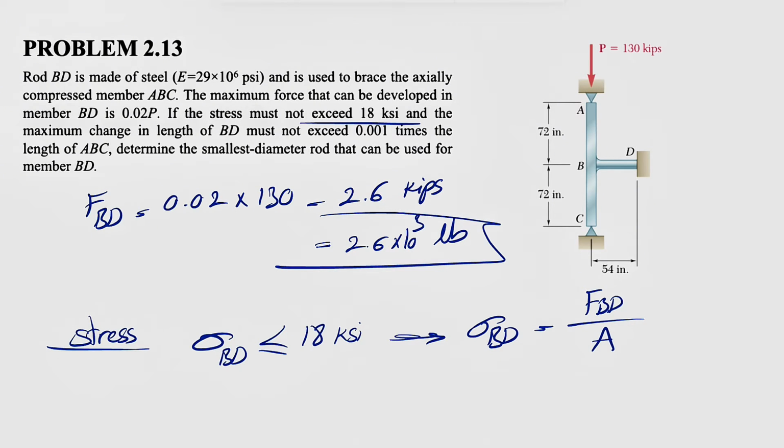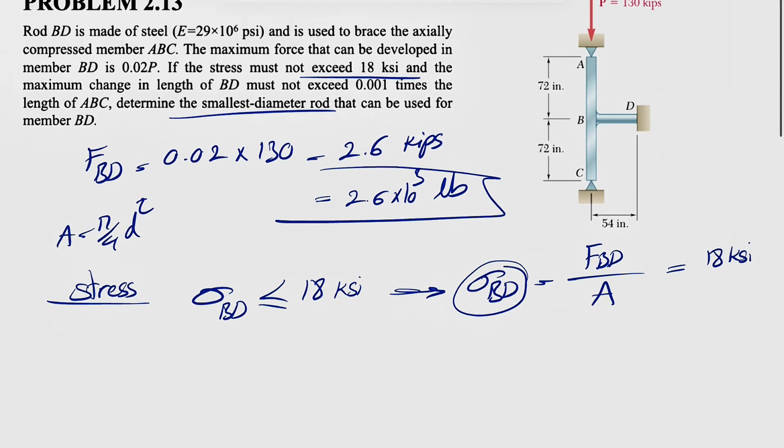Since area is in the denominator, the lower the area, the higher the stress. The question is asking for the smallest diameter rod, and area is pi divided by 4 times d squared. So we are looking for the smallest area, which means the highest stress, which is going to be 18 ksi.